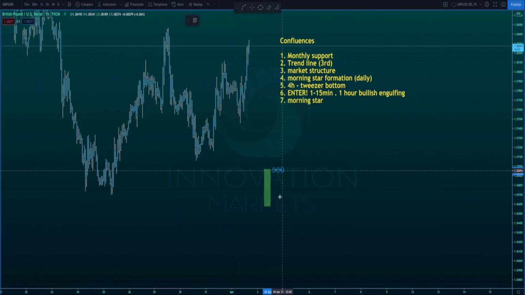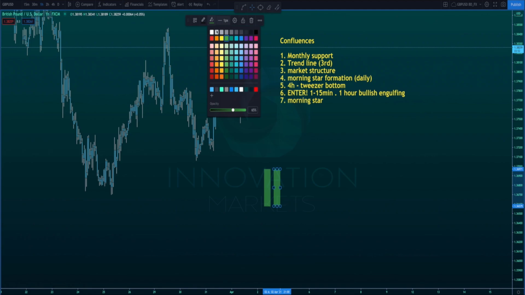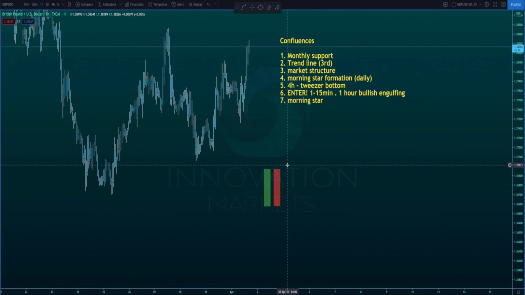Whatever color this may be, most of you will be used to using green and red candles. We use the same colors, which is very important for us, and why we do that we'll explain further along in the videos. Now we've got green and red. So if you see two candlesticks, this is why wicks are very, very important, guys, because it's not just about the body of the candle.